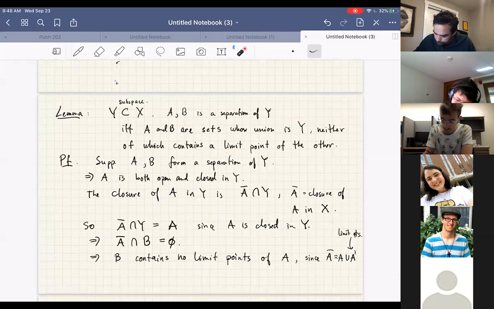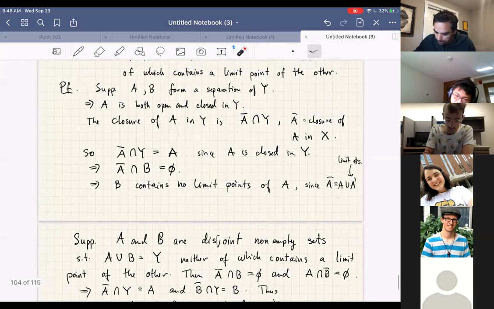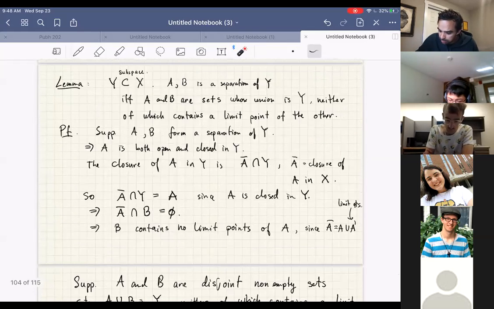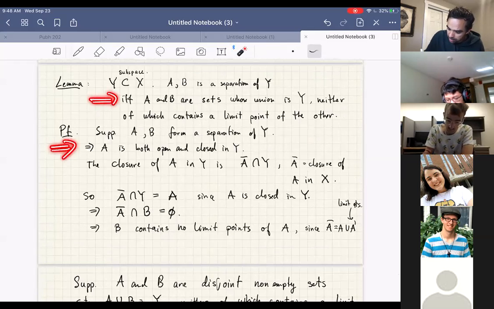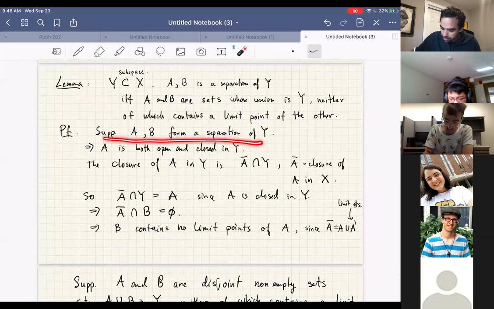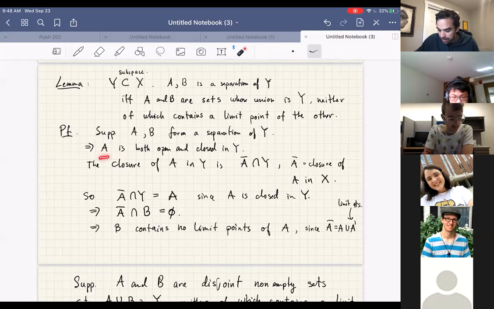So let's go in the forward direction. Suppose A and B form a separation of Y. Then by the above claim, A is both open and closed in Y. A is open by definition, but the complement is B, which is open, so A is also closed.